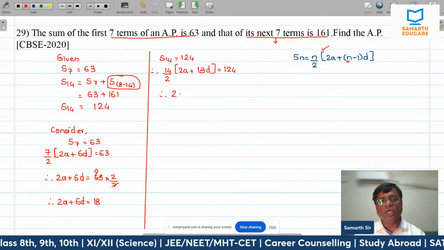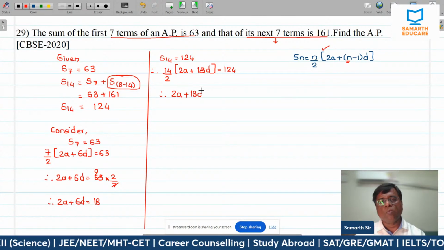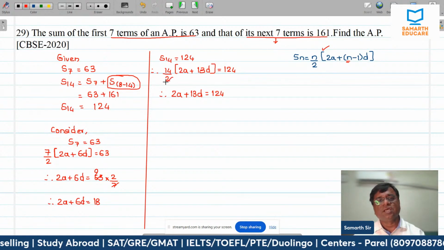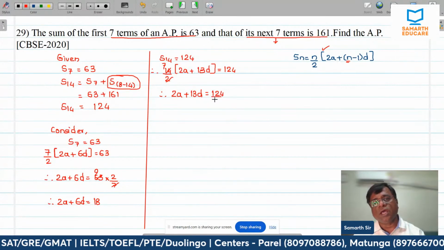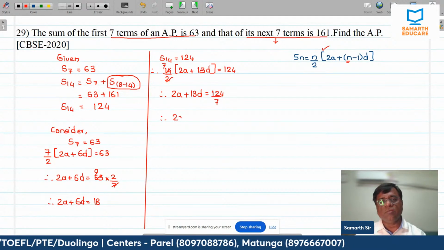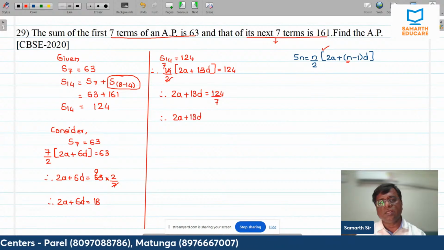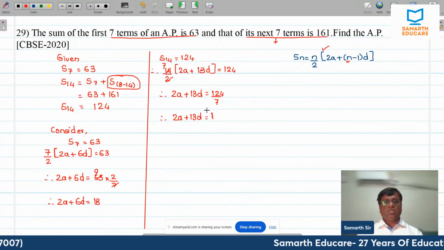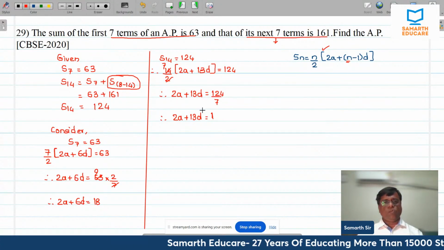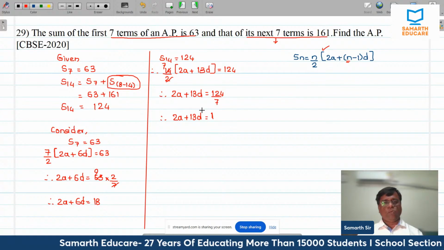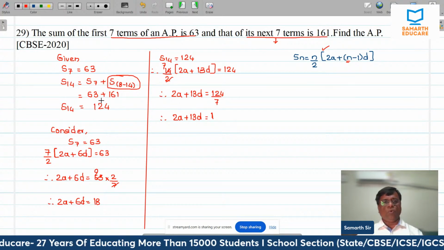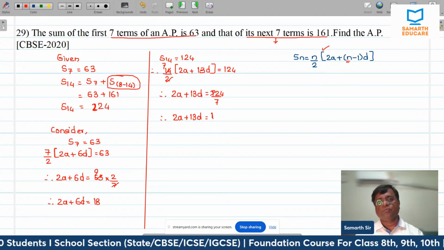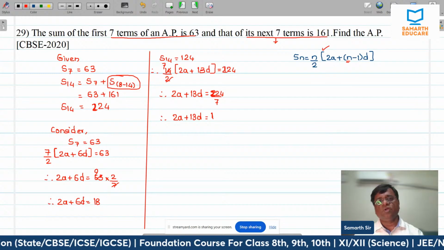So I have 2a plus 13d, and 14 upon 2 is 7, so 2a plus 13d is 224 divided by 7. Oh, I'm so sorry, this is 224, not 124.